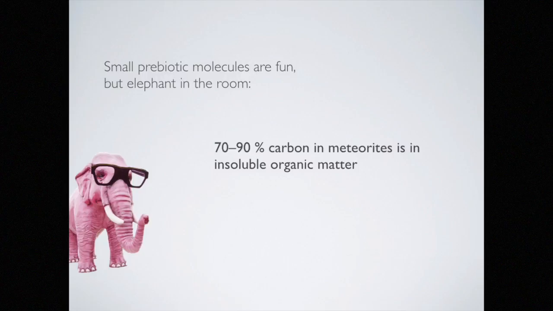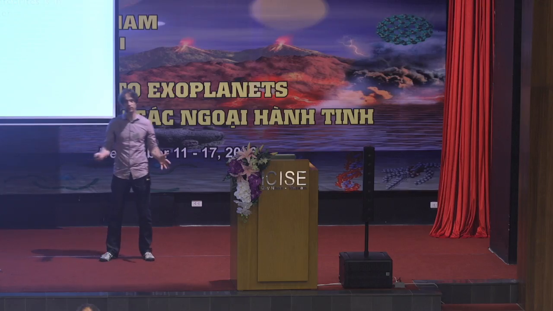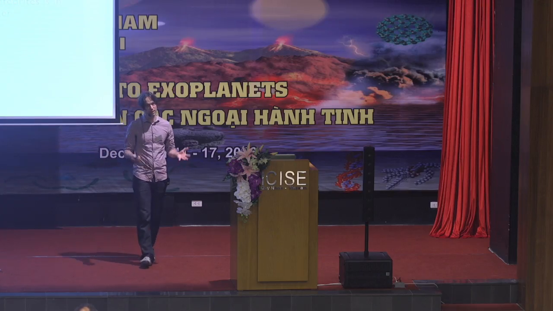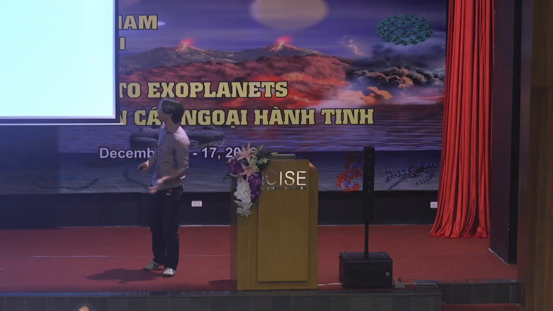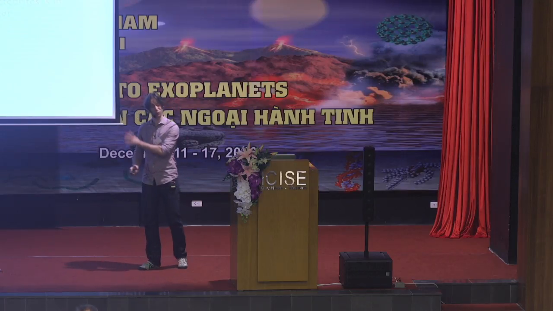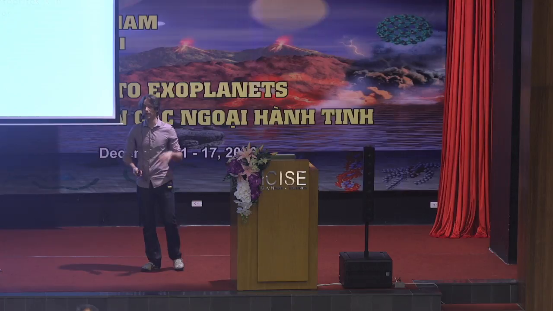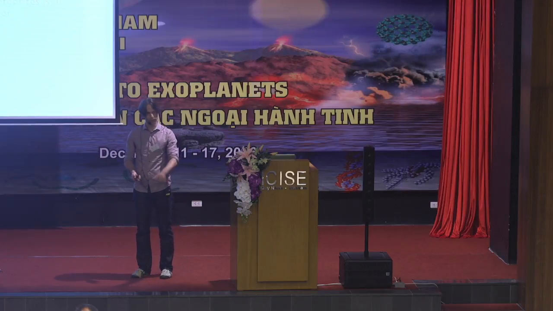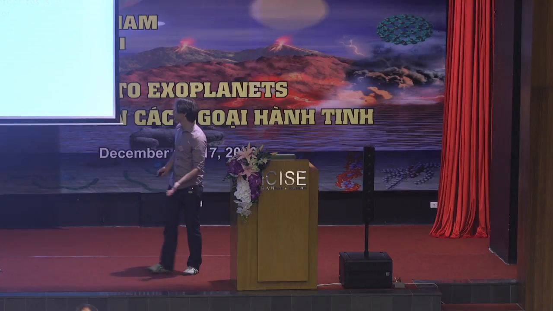The majority of carbon is locked up in a macromolecular network. It's not in the form of amino acids or nucleobases or what have you. It is a large kerogen-like material that is a macromolecular network. It's not soluble. And that's the majority of where the carbon is locked up. So that is what I focus on in this talk, and that's what my research is all about.